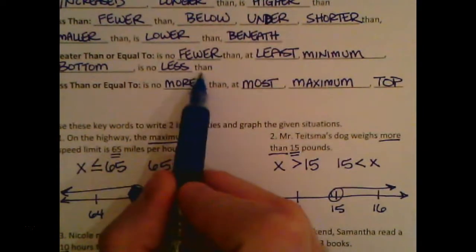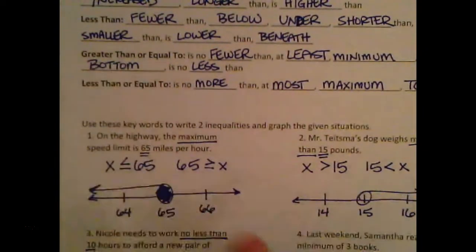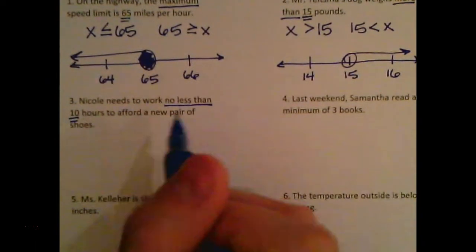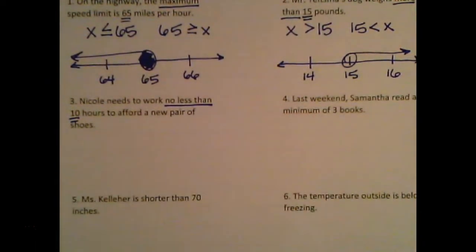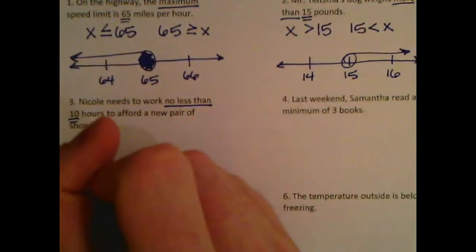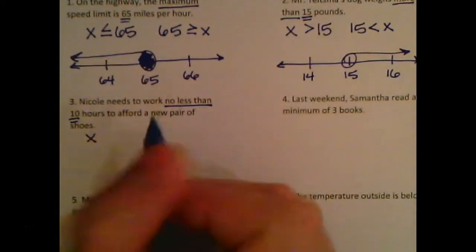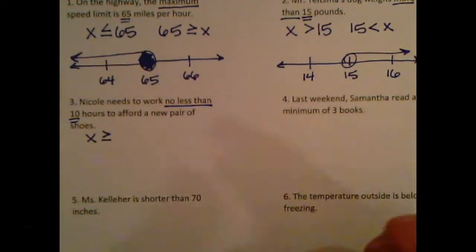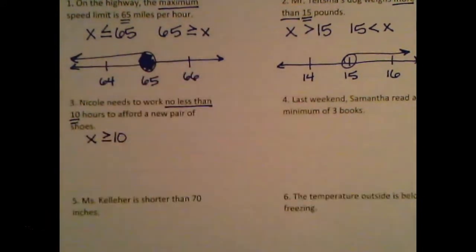Well, I see "no less than" right here, which goes with greater than or equal to. So, her amount of work is the thing. Okay, so Nicole working no less than we know is greater than or equal to, based on our words up top, 10 hours to afford a new pair of shoes.